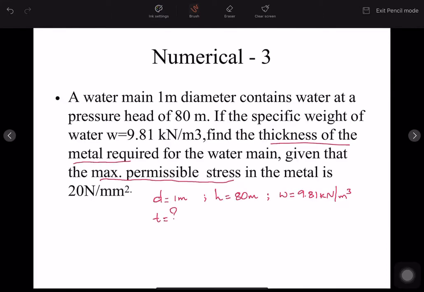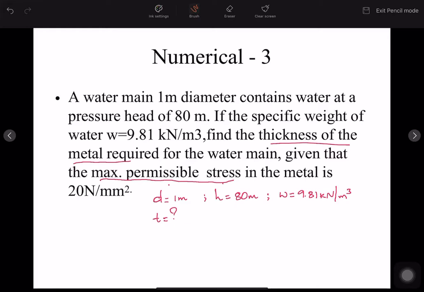So here he has given maximum permissible stress. No need to get confused. It is similar to allowable stress or allowable working stress.